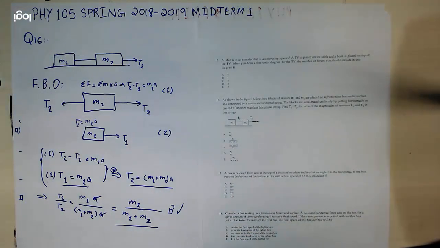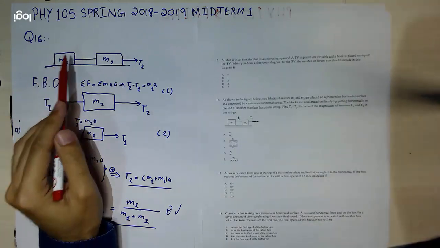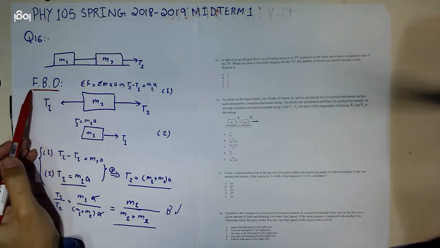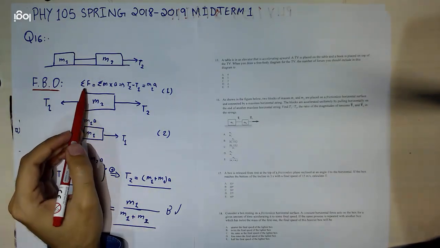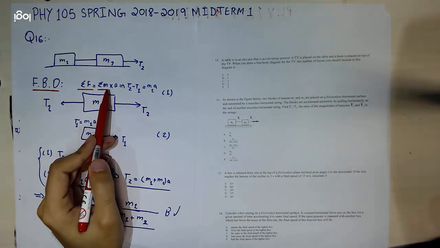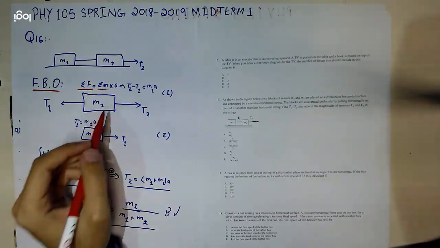Let's continue with question 16, which shows us 2 masses on a frictionless horizontal surface, connected to each other by a horizontal string. First let's draw a physical model, and after this a free body diagram, using the sum of the forces equal to mass times acceleration.